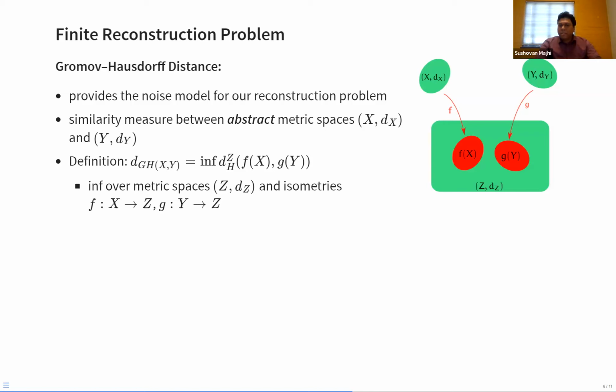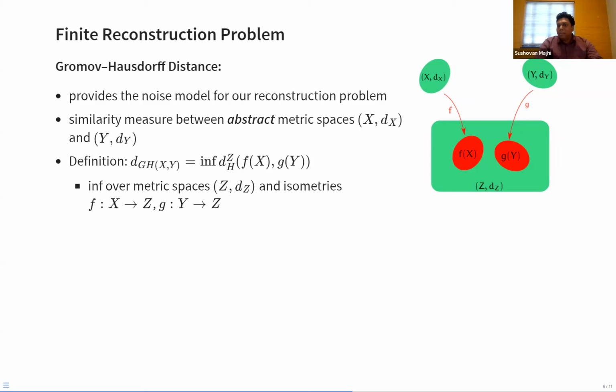So the definition is here, although at first glance it could be quite difficult to parse, but this is what is happening. If you take a look at the picture on the right, you have two metric spaces, X and Y. We try to embed them into a third metric space, Z, via isometries f and g, without distorting pointwise distances.